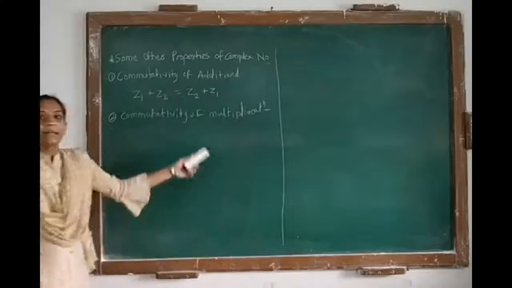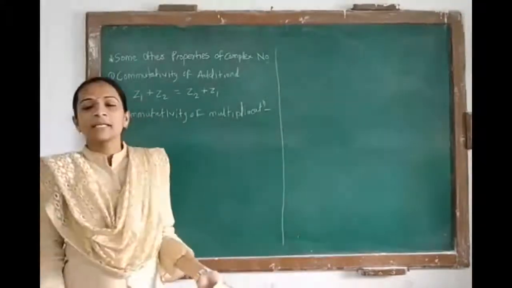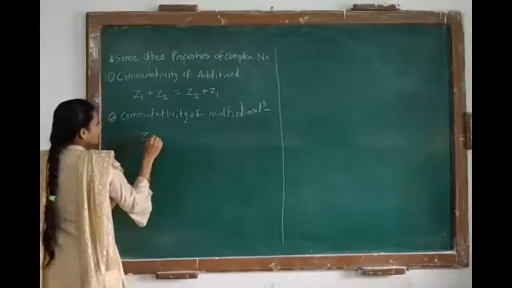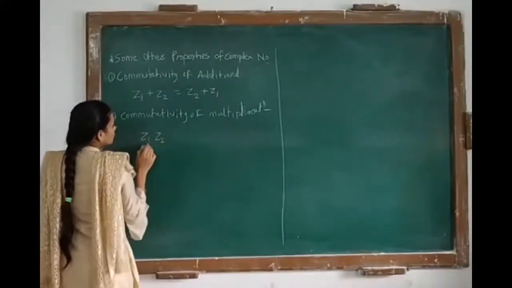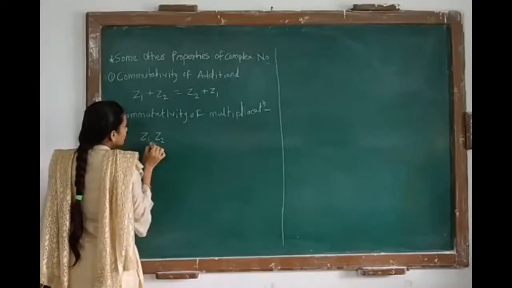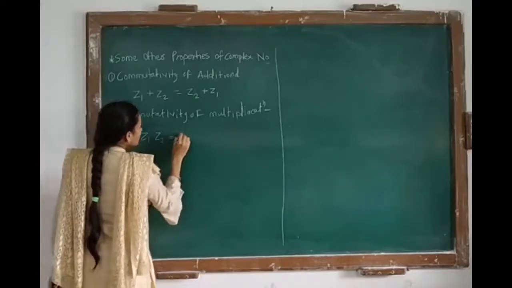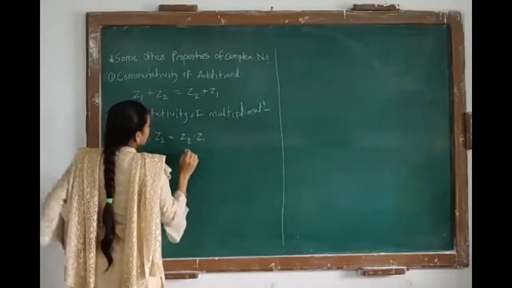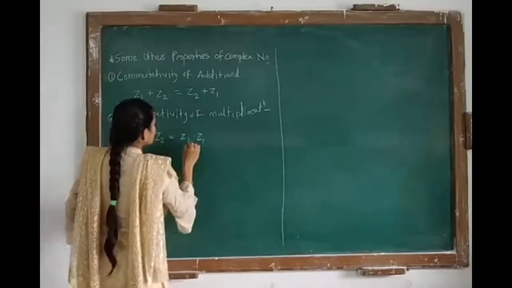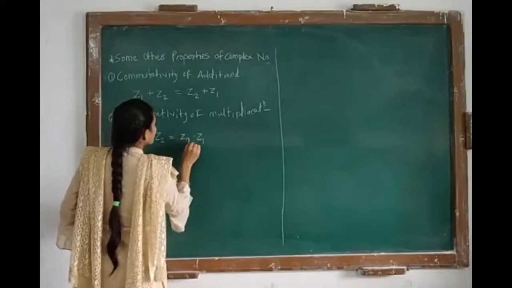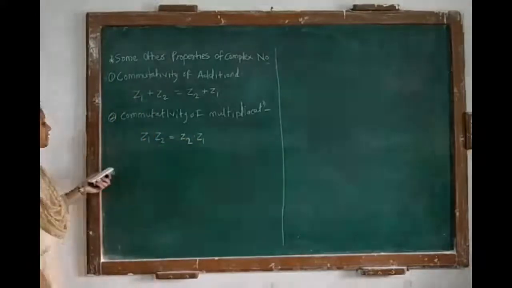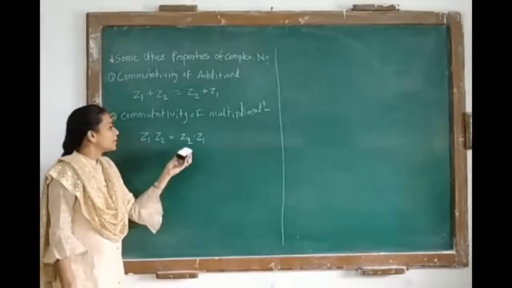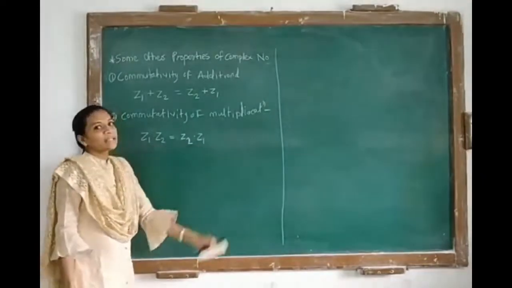Multiplication of 2 complex numbers is commutative. This means if I multiply Z1 with Z2, this will be equal to Z2 into Z1. If I take first Z1 and multiply with Z2, this will be equal to Z2 multiplied with Z1.